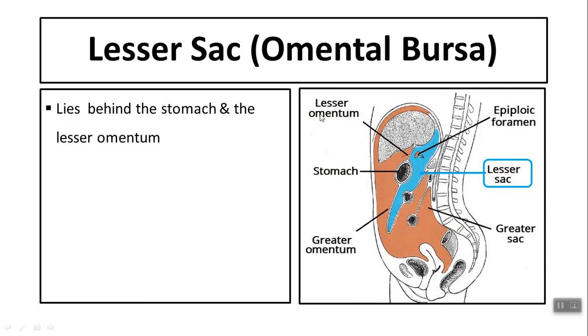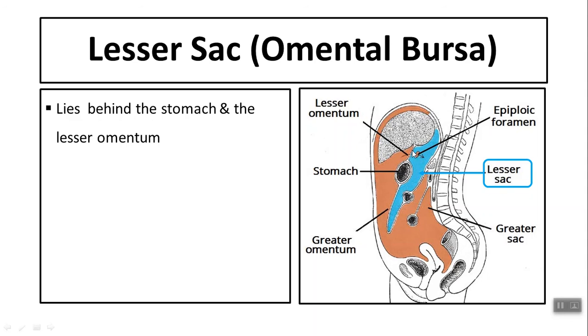The lesser sac. As we explained a little while ago, we divided the greater sac into supracolic compartment and infracolic compartment by the presence of the attachment of the transverse mesocolon. Now our topic is the lesser sac or omental bursa.